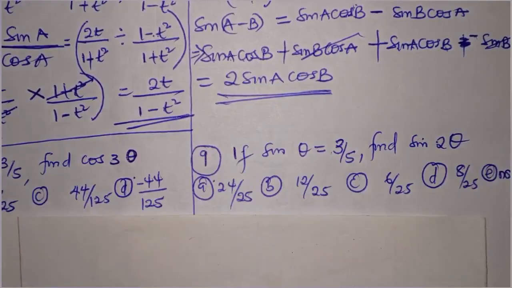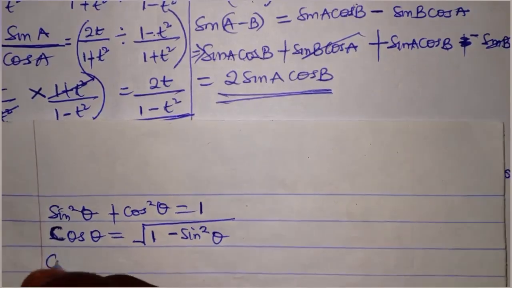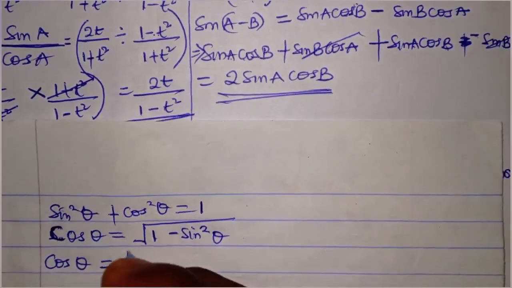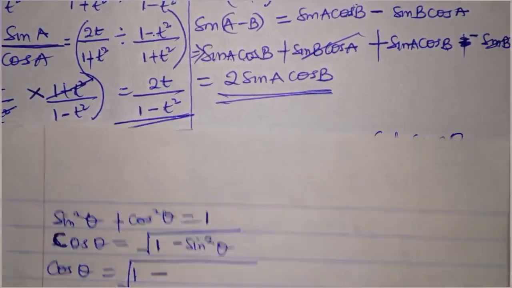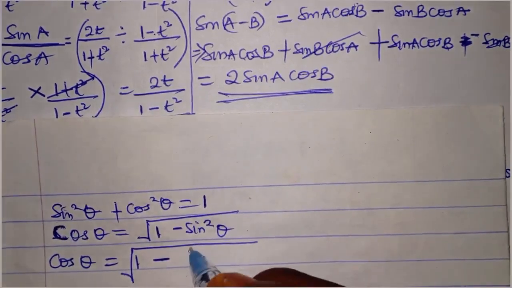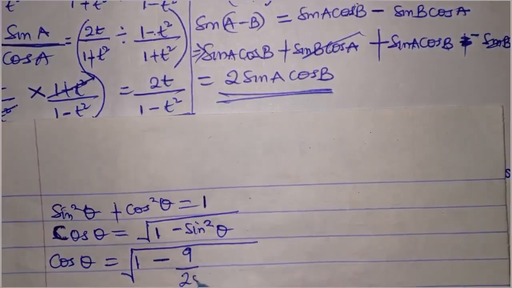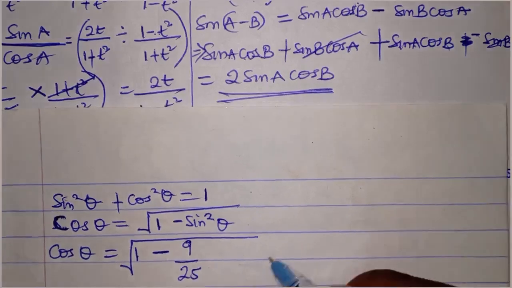So sine theta is 3 over 5. That means the square of that sine will be 9 over 25. If you square 3 over 5, you get 9 over 25.